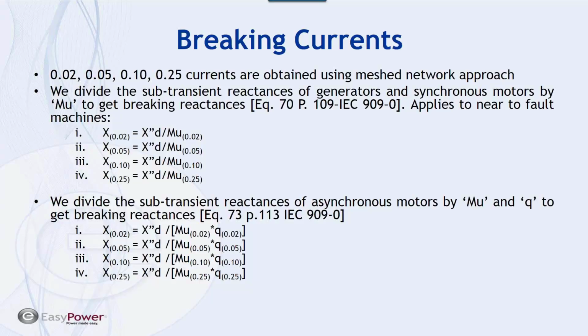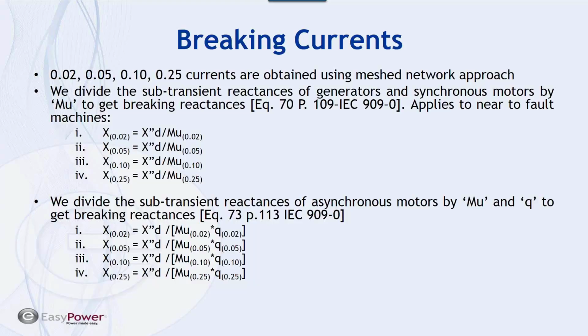Being synchronous or induction, as long as the ratio of the initial current to the nominal current of that machine is higher than a certain value, and that's actually 2 in IEC, it becomes either a close-to-fault or far-from-fault machine. If it's a far-from-fault machine, it has no decay.